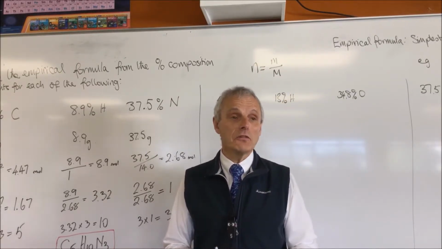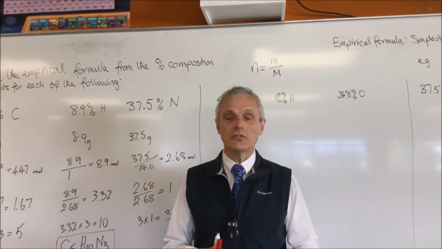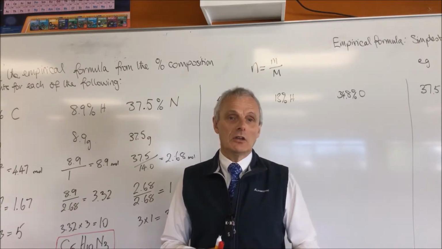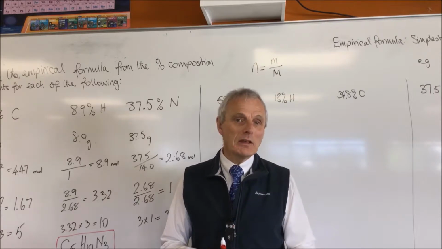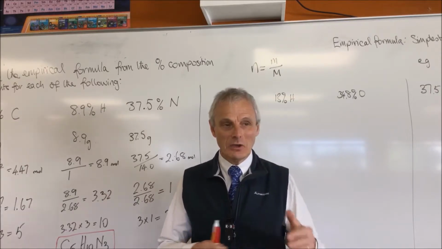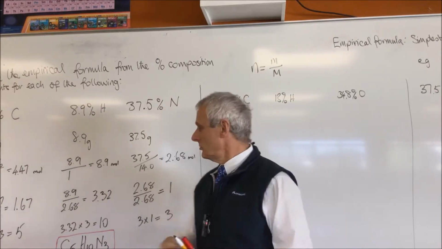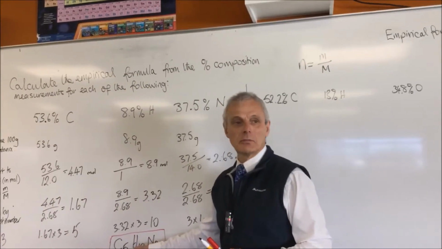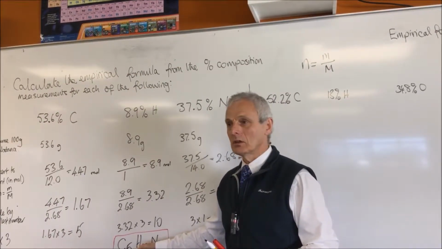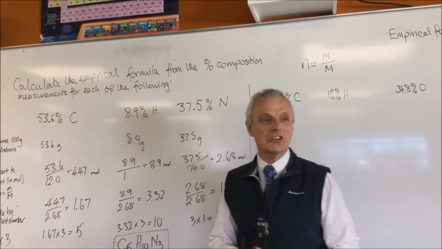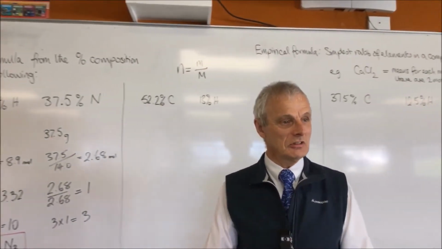So if you end up with a formula like C60, H48 and 20, you've probably overdone it. Nothing will be much more complicated than this. Maybe it will go up to C10 or something, but you won't get C60s and C40s and 30s. Yeah?